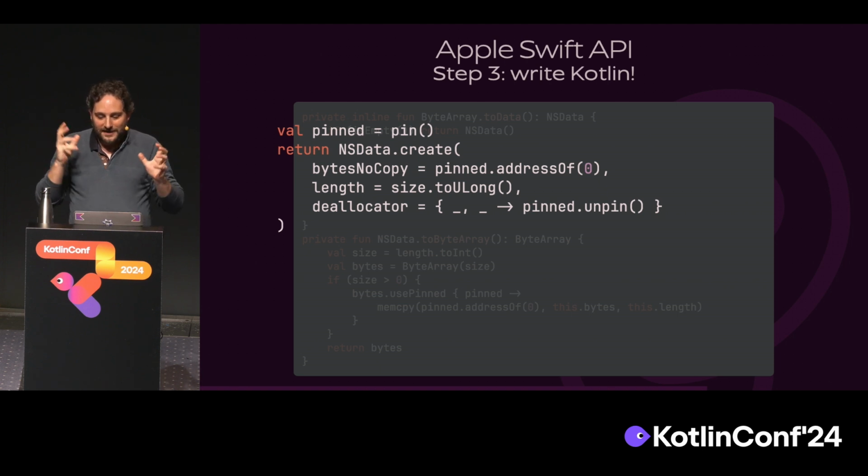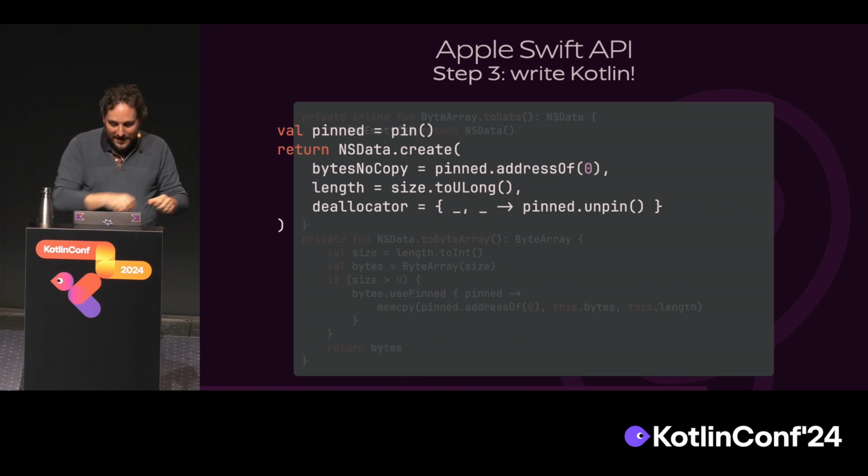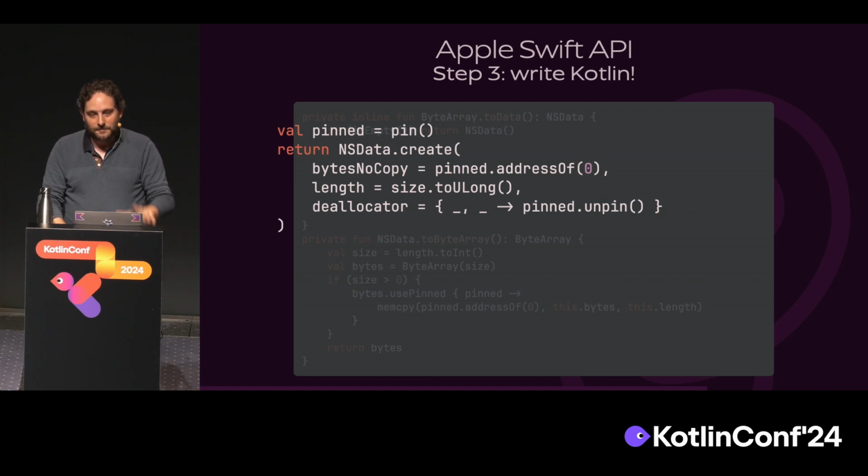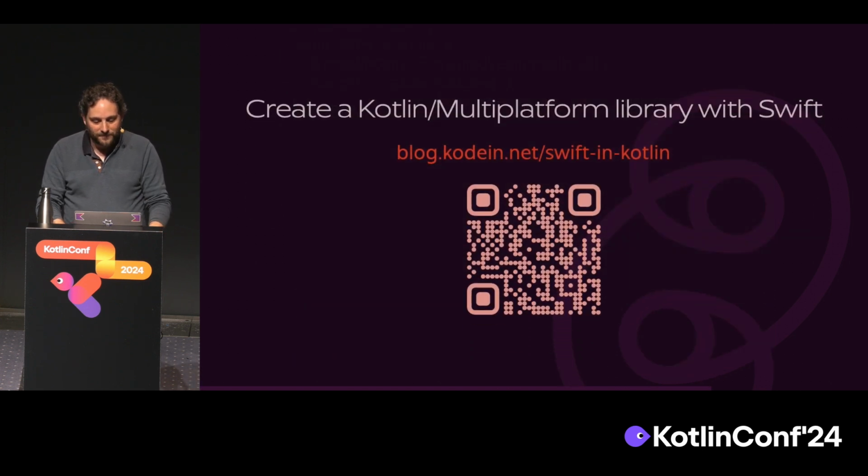For example, I can say to Apple, when this NSData is reclaimed, then you can unpin the memory. So you can have some little tips and tricks here and integrate yourself into the native memory Objective-C handling.